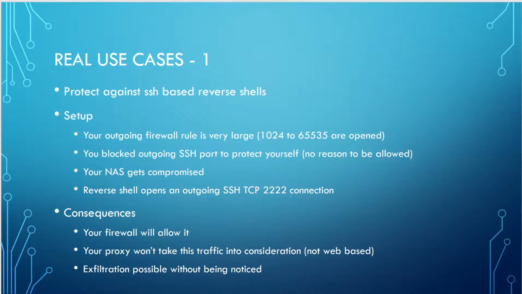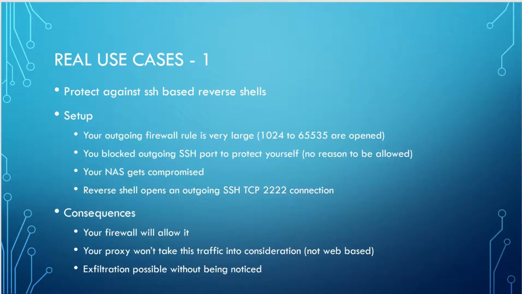Your outgoing firewall rule is very large because you don't want a fine-grained firewall configuration, or because you have other applications that need all those ports, okay? But on the firewall rule, you will say, okay, I'm going to block the possibility for my NAS to use SSH to the internet, because there is no reason that your NAS creates an SSH connection to the outside.